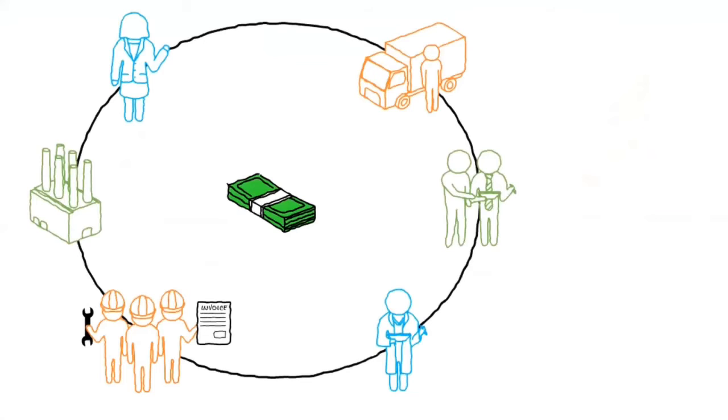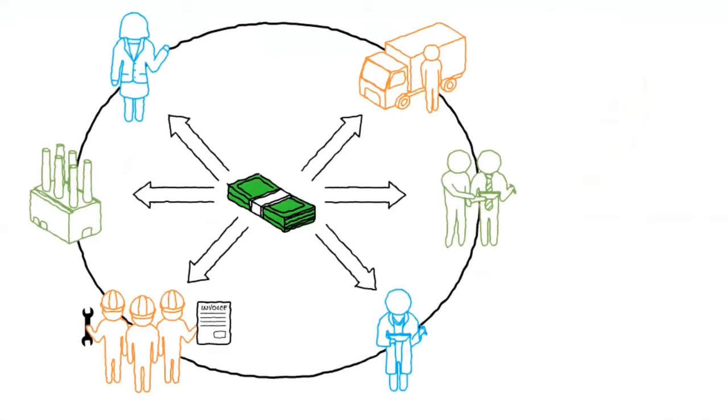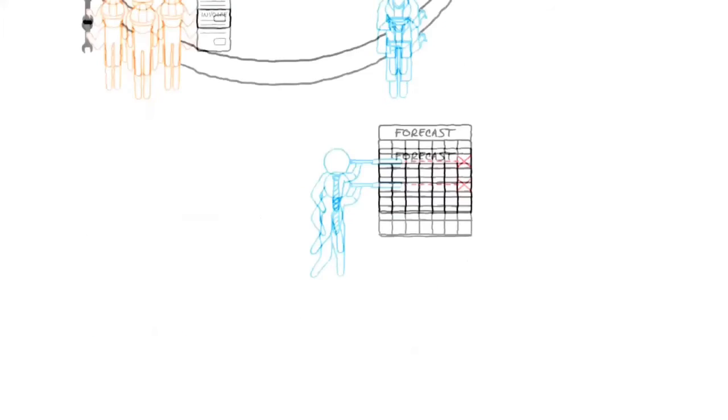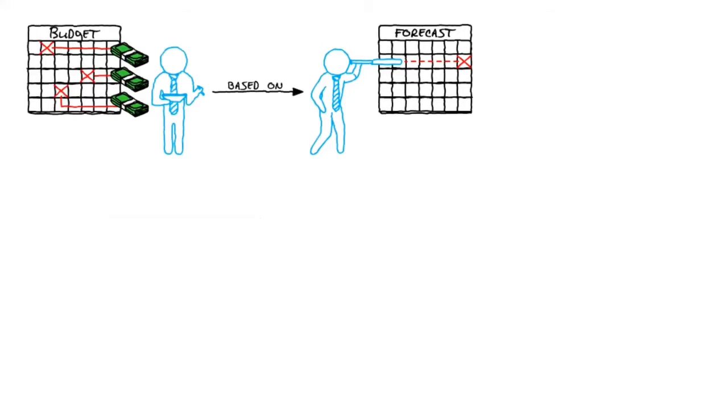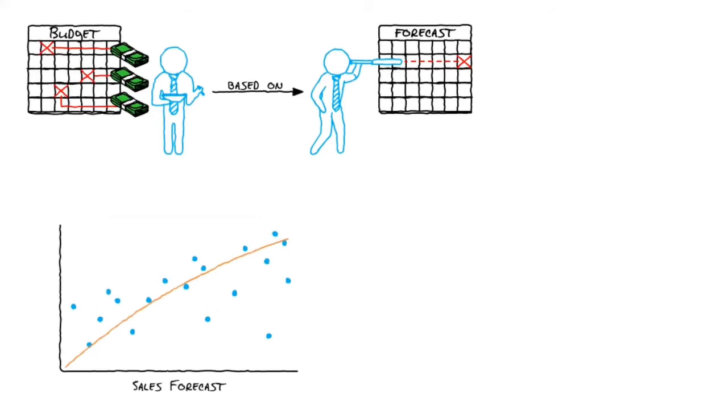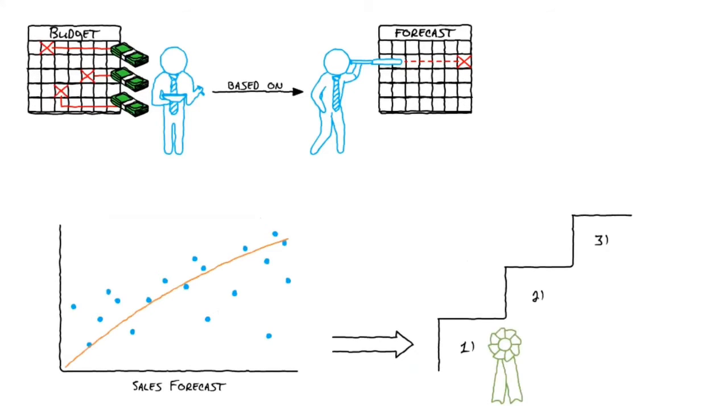Budgeting is a coordinated effort across the organization to optimize allocation of scarce resources to most efficiently achieve the organization's mission and objectives. Forecasts are predictions that focus on probable future events upon which budgets are based. The sales forecast is the initial and most critical step in forecasting an organization's future performance.